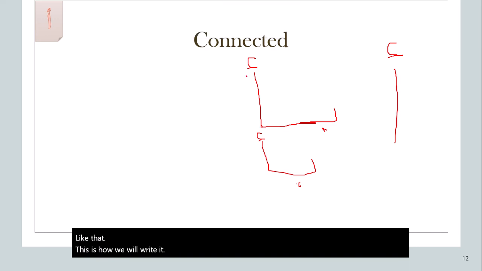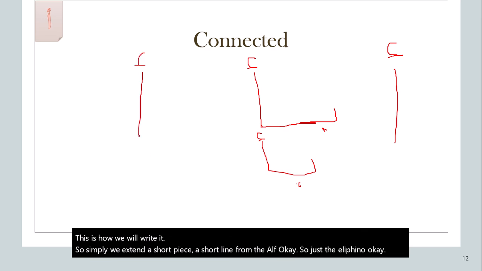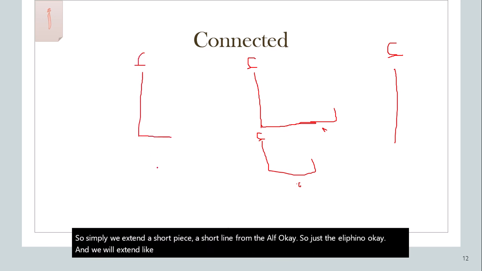So simply we extend a short line from the Alif we know, to connect it to the letter before, whatever the letter is.